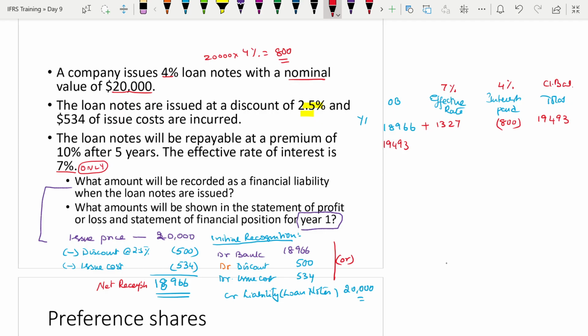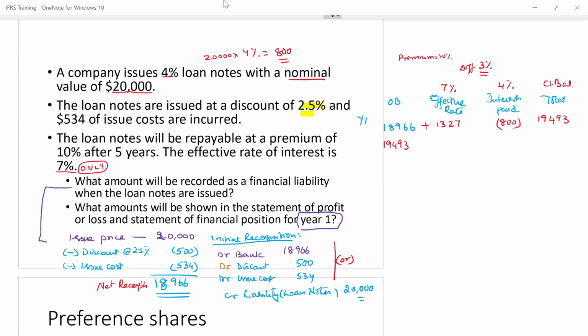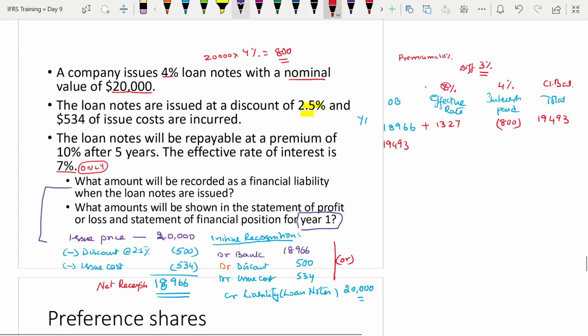See the things. You are paying interest of 4%. How much is the effective rate? 7%. How much is the difference here? The difference is 3%, and the effective rate is 7%. How much is the premium? They are saying the premium is going to be 10%. Is it right?